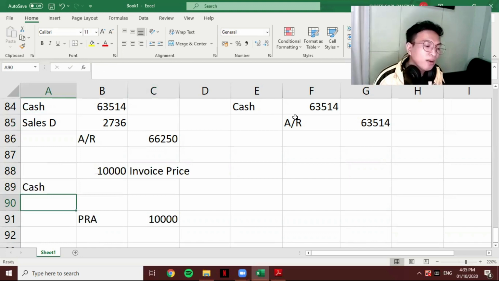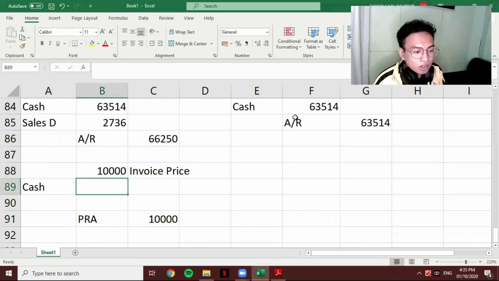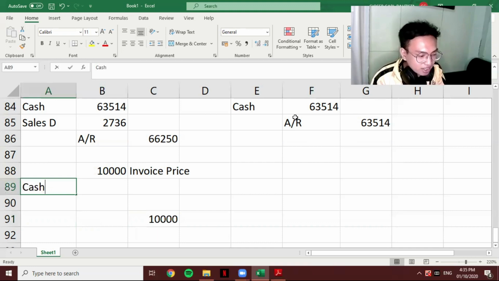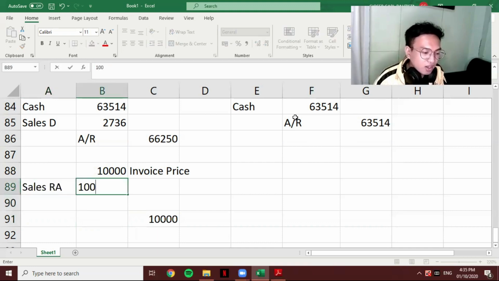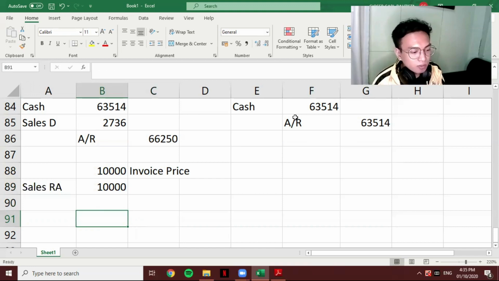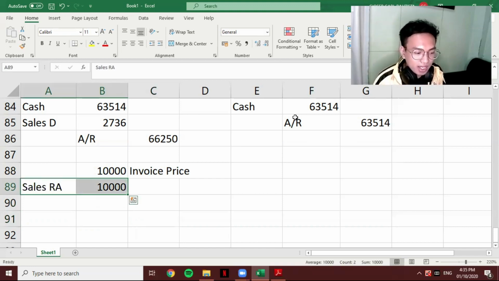Mali, ano ba yan? Sales pala tayo. Sales return and allowances na 10,000. Di pala tayo purchase, di tayo buyer. So, bawas sa sales natin na 10,000 invoice price.